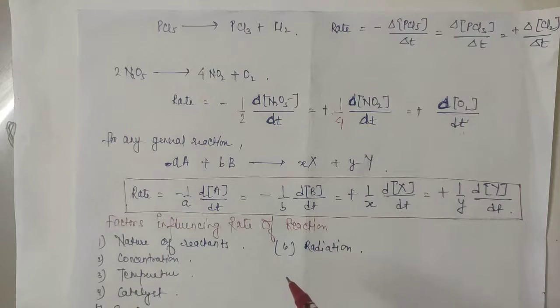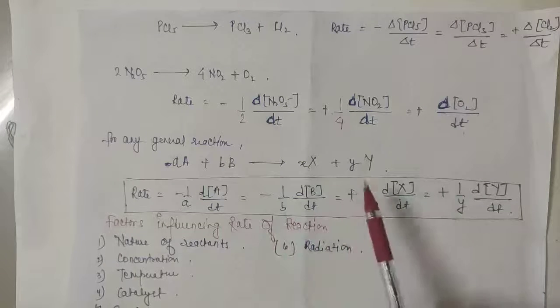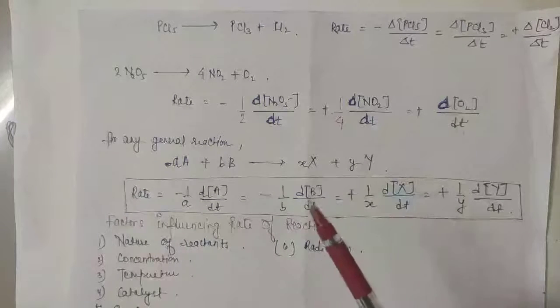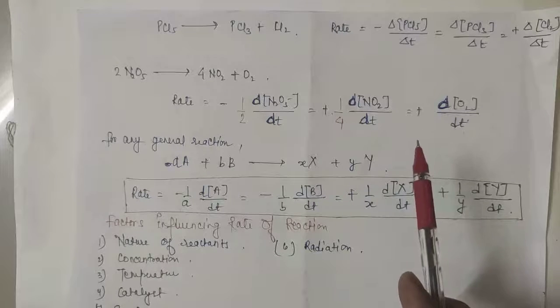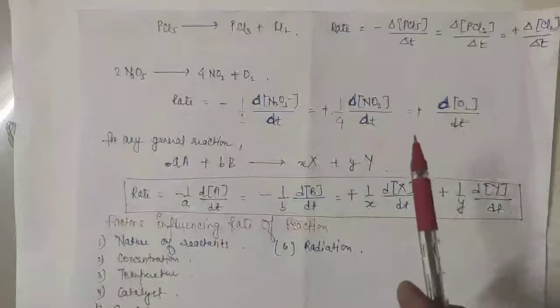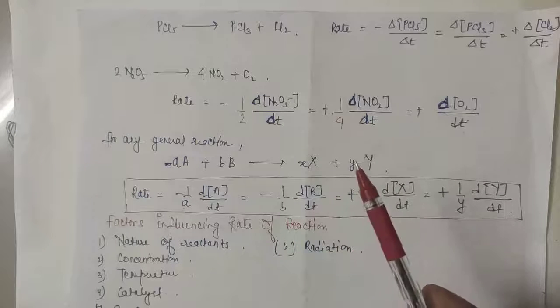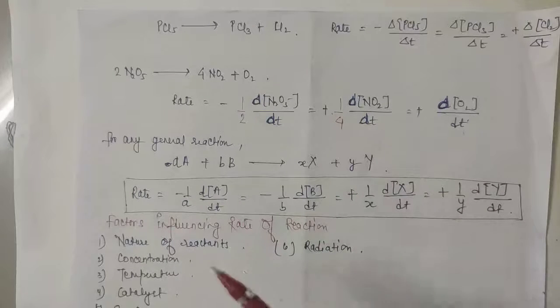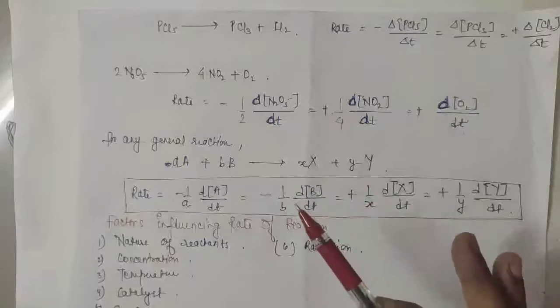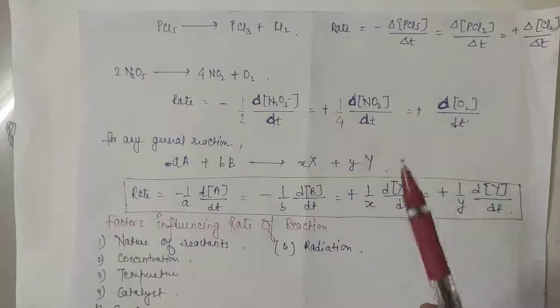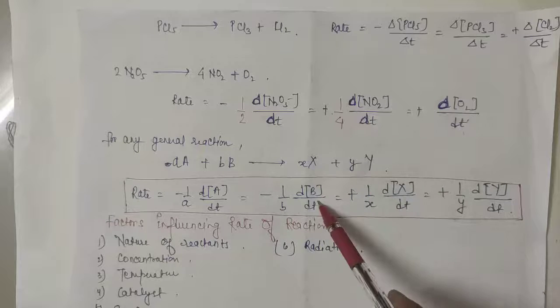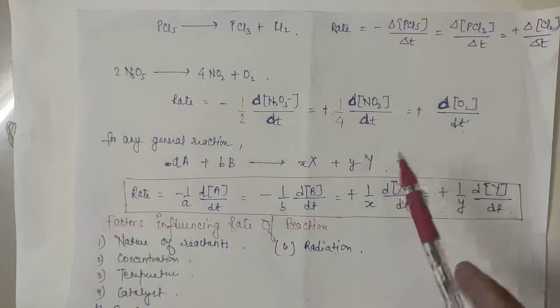Now to sum up, we have studied that the rate of reaction is equal to the change in concentration divided by the time interval in which the change has taken place. Rate of reaction can be expressed in terms of any reactant or product. Third, as the concentration of reactant decreases, a negative sign is used to express the rate of reaction, and as the product concentration increases, a positive sign is used.